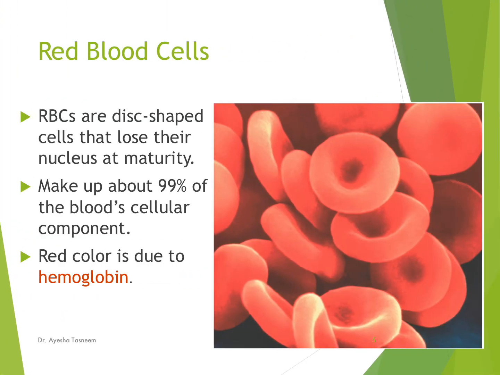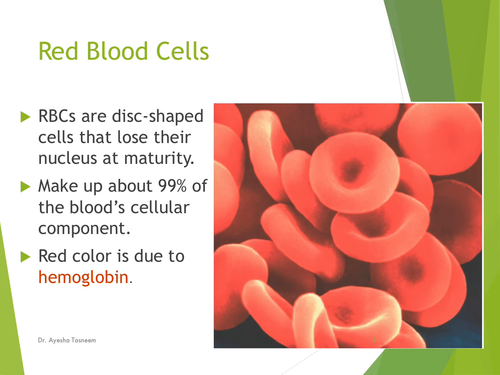Now we come to the red blood cells. These are disc-shaped cells, and they lose their nucleus on maturity. If the nucleus remains within the cell, it is abnormal.